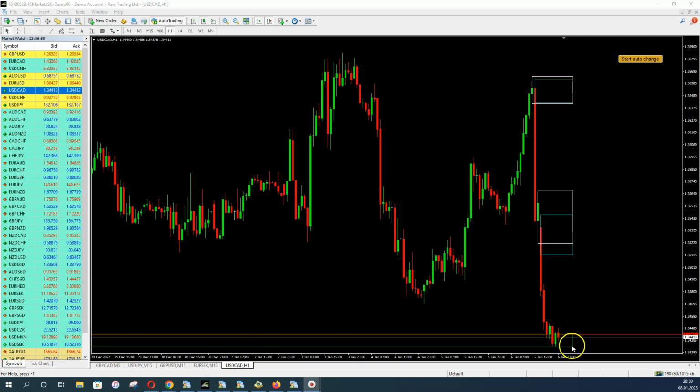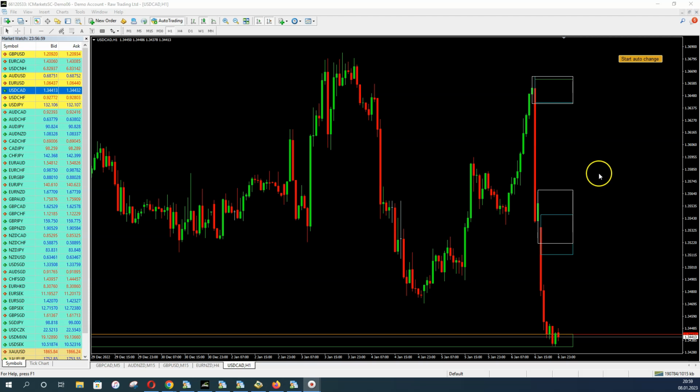So a green box, for example, stands for a green demand or supply zone. The white boxes stand for the H1 supply and demand zones, and this one here is for the M30. And so you can see on one chart all the supply and demand zones you are interested in.